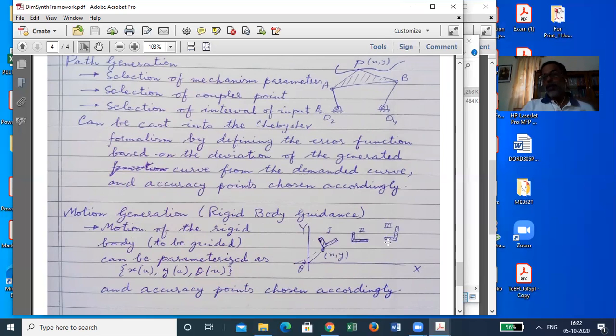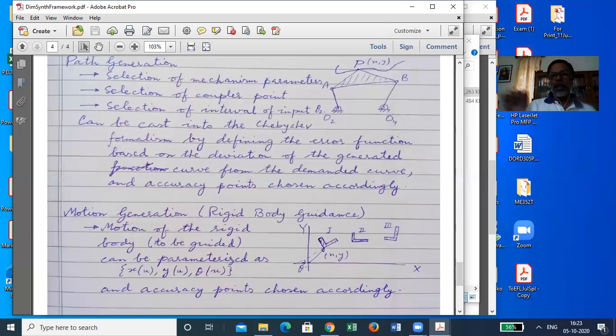Actually you want through infinite positions, you want actually a continuous guidance over a series of configurations for the body. Now it is not a single point, it is one point and an orientation. Okay, so you can parameterize this in the form of x of u, y of u, theta of u. U is a parameter.